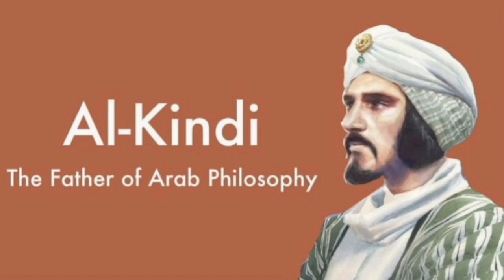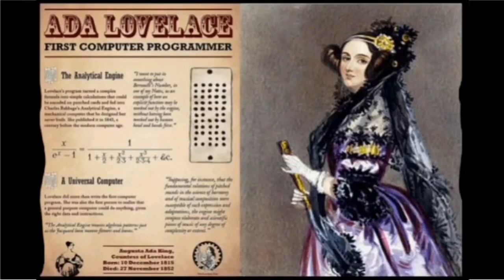The first computer program is generally dated to 1843, when mathematician Ada Lovelace published an algorithm to calculate a sequence of Bernoulli numbers intended to be carried out by Charles Babbage's Analytical Engine.